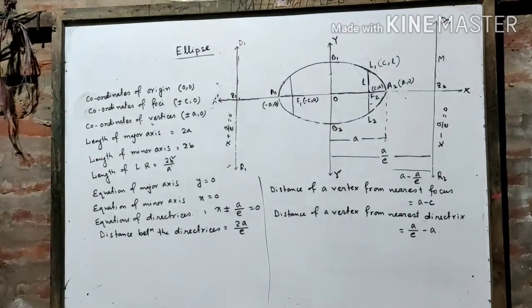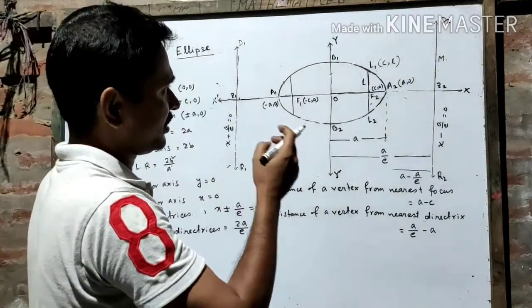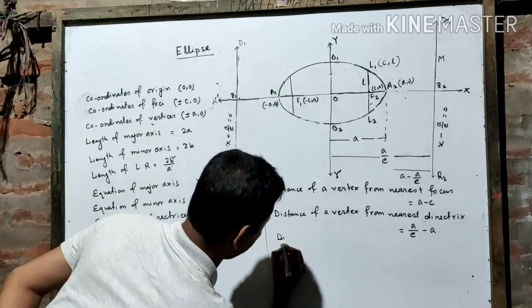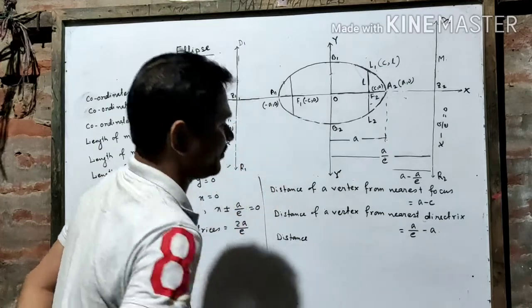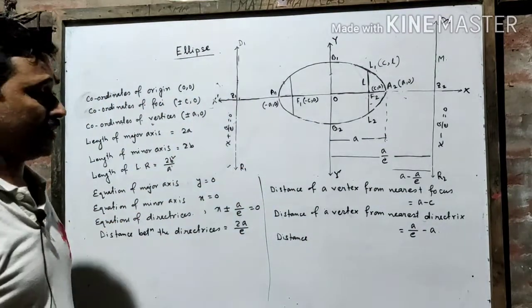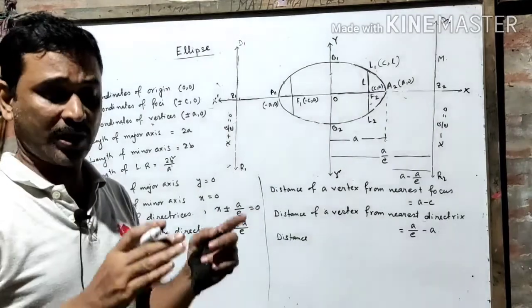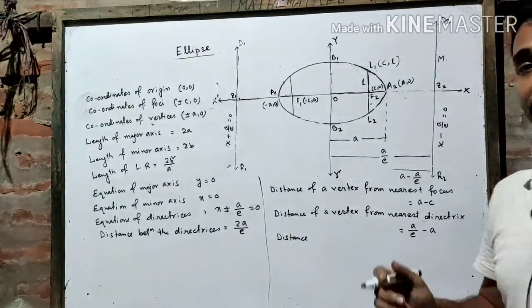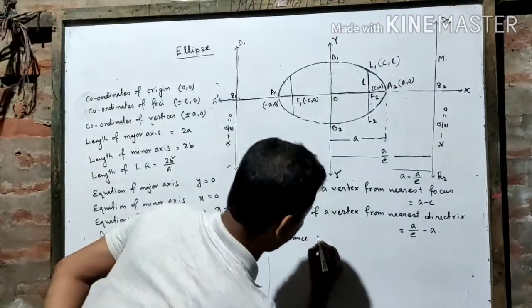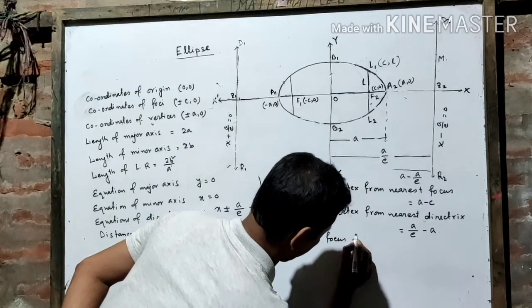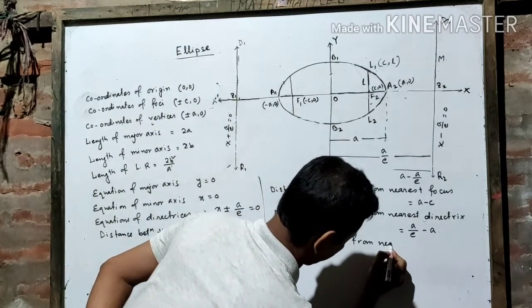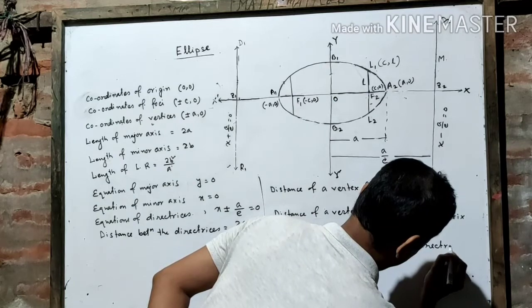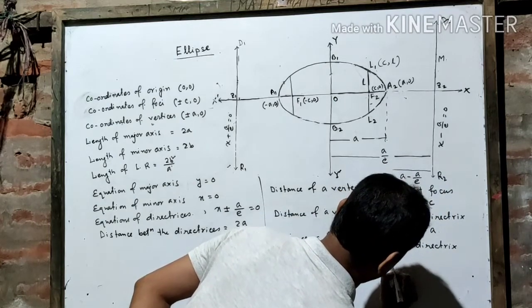Then distance of a focus from nearest directrix is equal to a by e minus ae.